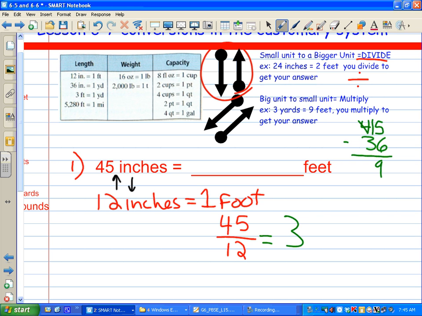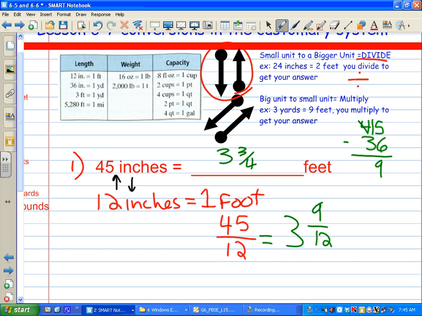And I end up getting 9 left over. So 9 twelfths. And I could simplify this. 9 twelfths would simplify out to 3/4 really nicely. So you could write this as 3 3/4 feet.